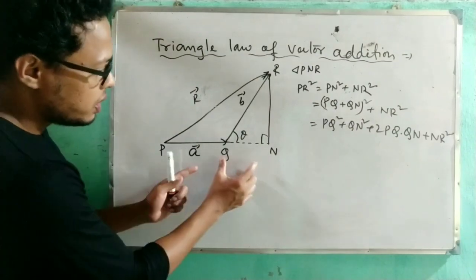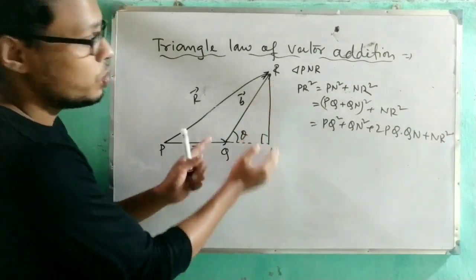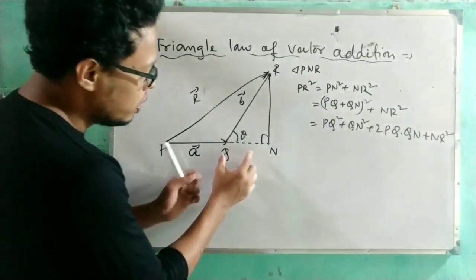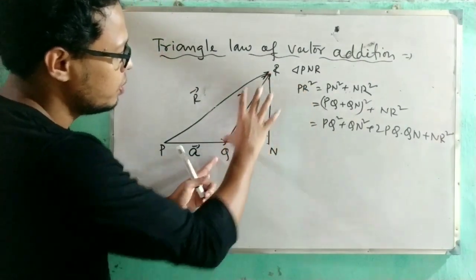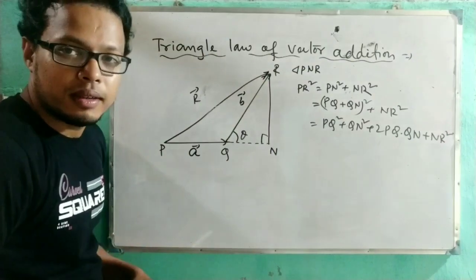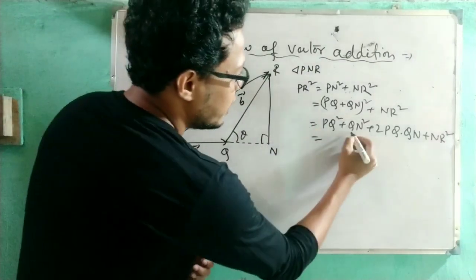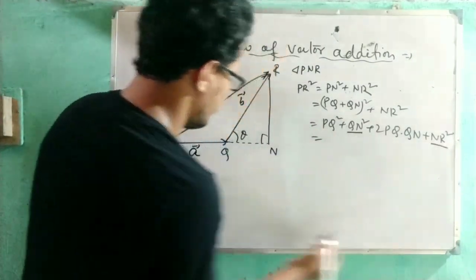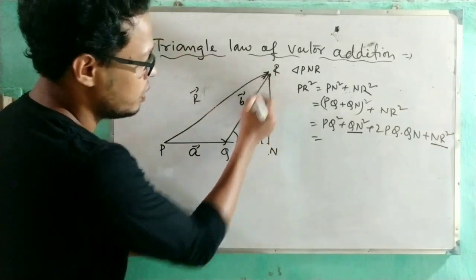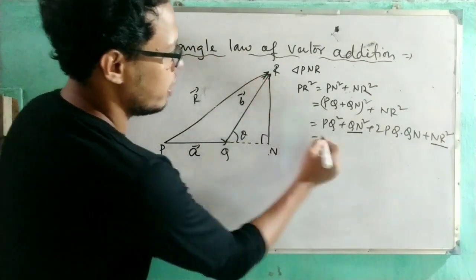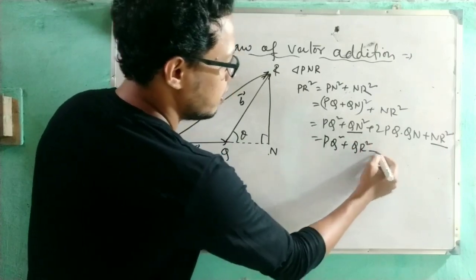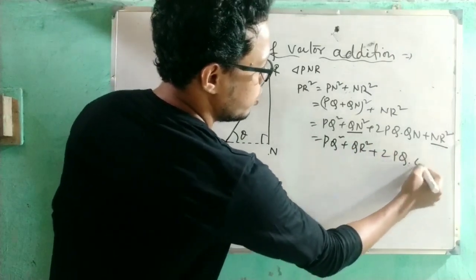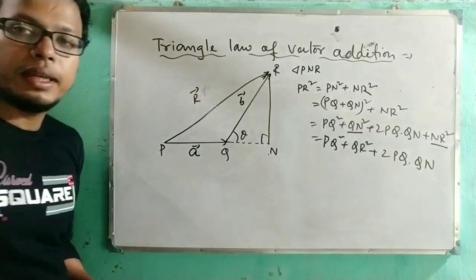See, Q, N and R is also a right angle triangle. So QN square plus NR square gives QR square, which is the hypotenuse square. So PR square equals PQ square plus QR square plus 2 PQ into QN. Up to this clear?